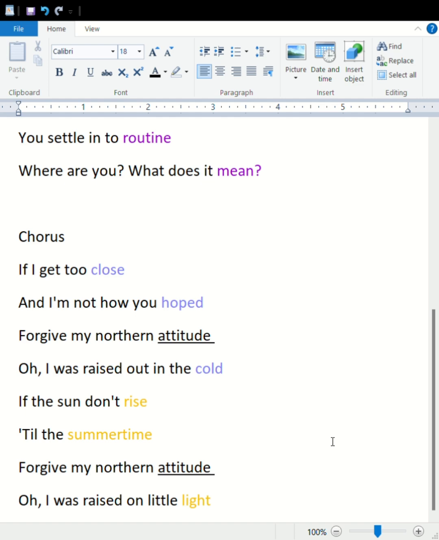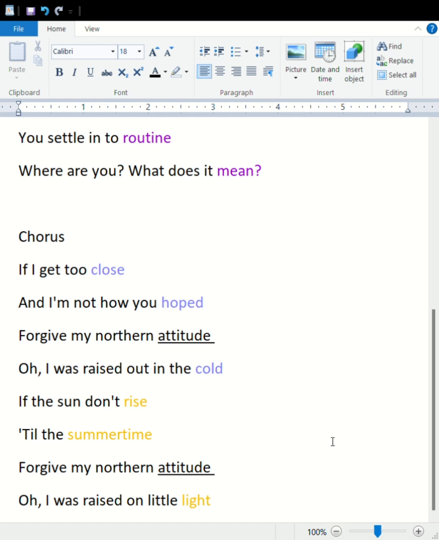So in the first part of the chorus, every word except attitude, so close, hoped, and cold, all have that O sound as their vowel, but have different consonants in them.